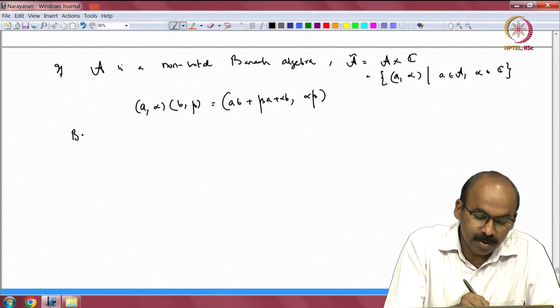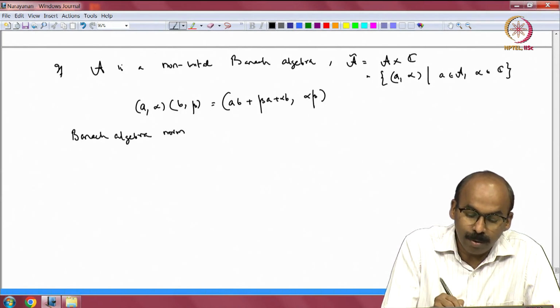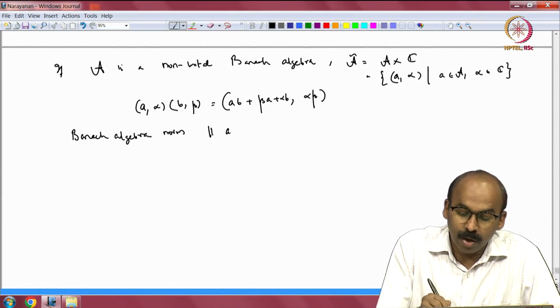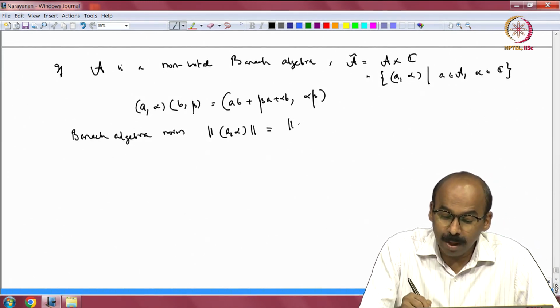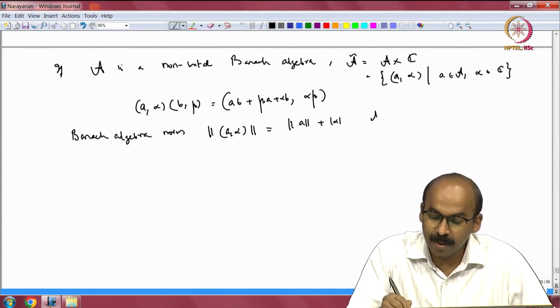And the Banach algebra norm is something you should pay attention to, the Banach algebra norm of (a, alpha), because we are going to change this. So, this was norm of a plus mod alpha. This gave us a Banach algebra, and A tilde became a Banach algebra with identity.